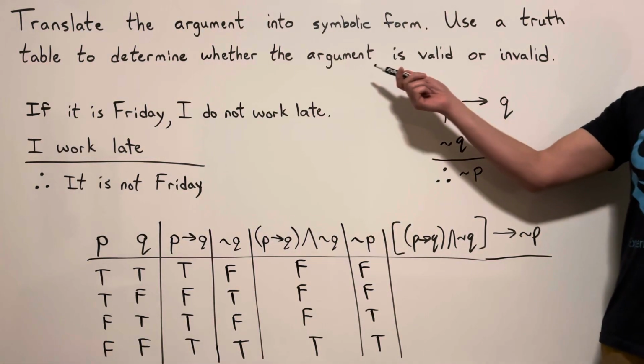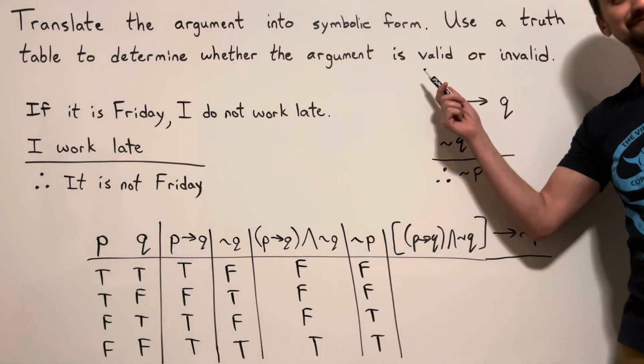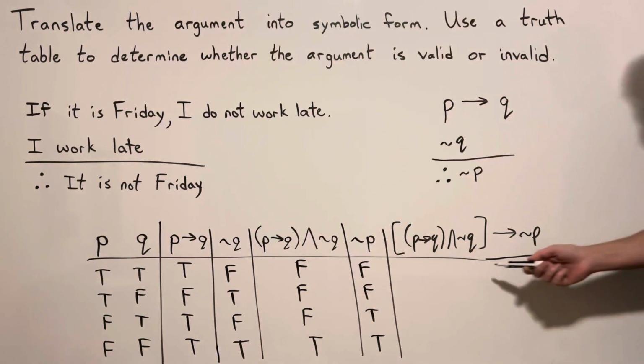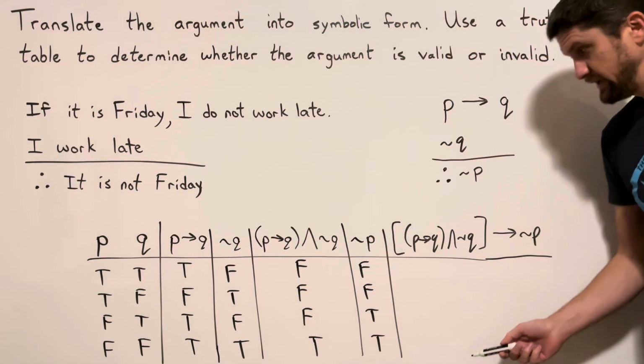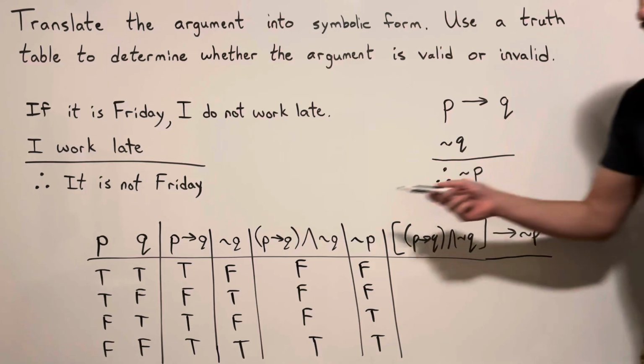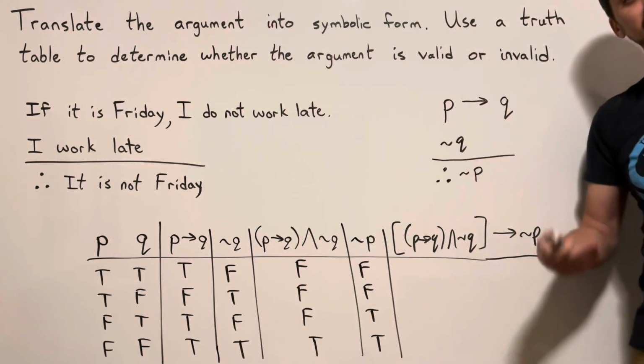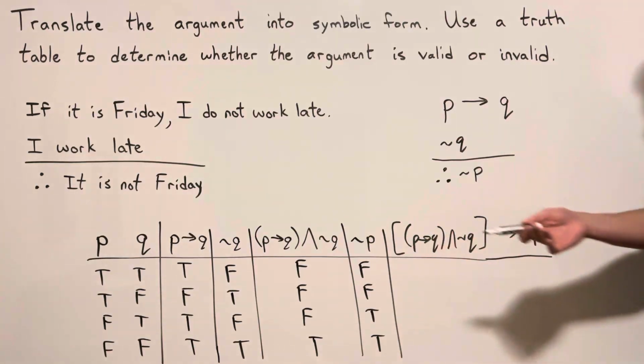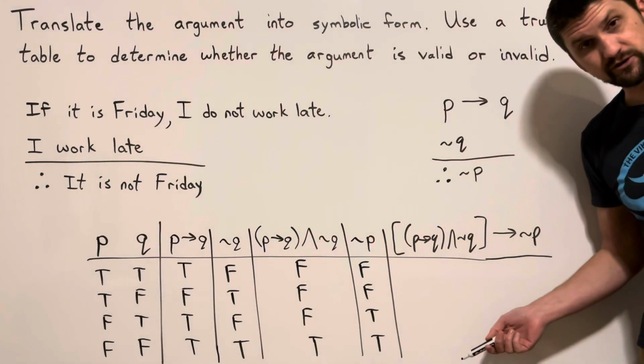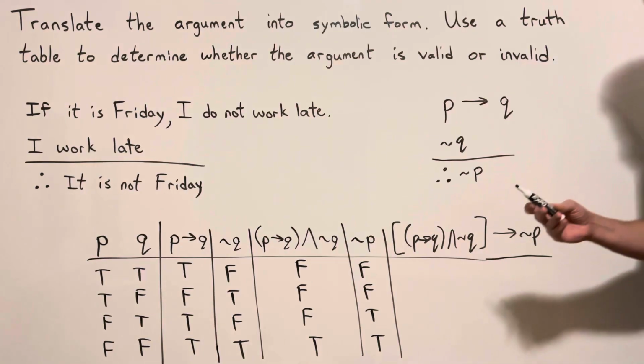Remember, it wants us to determine whether the argument is valid or invalid. Now, if I get all trues here, then this argument is true no matter the scenario we are in. So if it's all true, then we're going to say the argument is valid. If we get at least one false, we're going to say invalid.